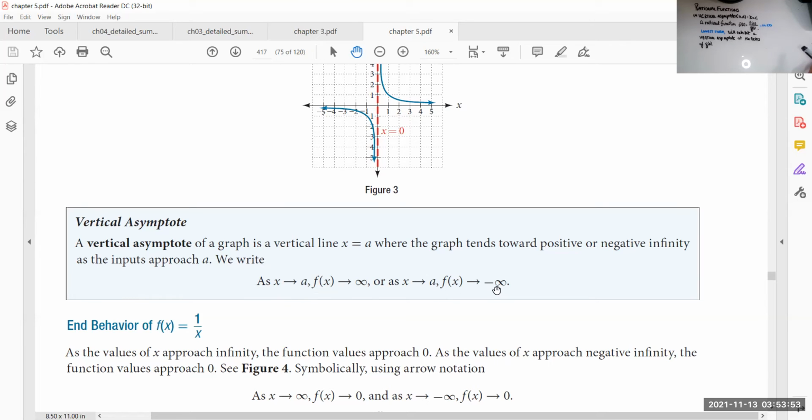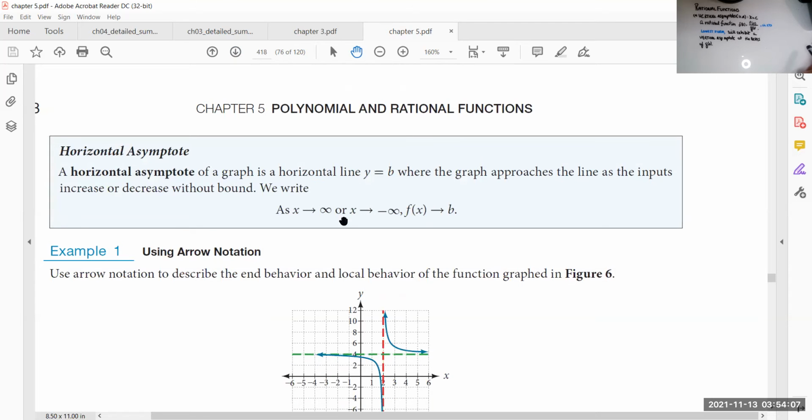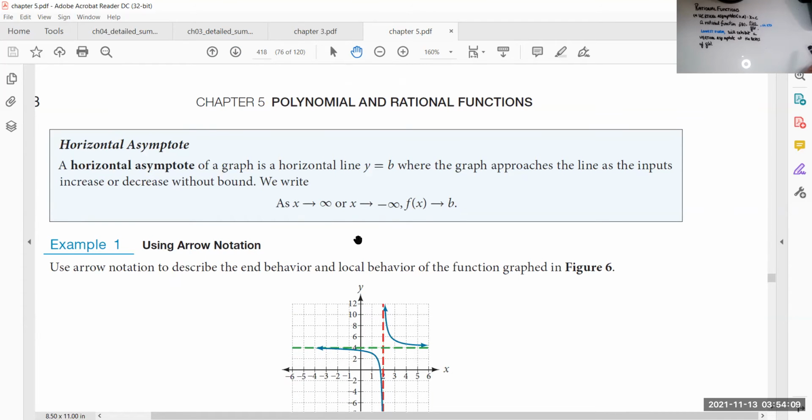What is the behavior of the function when we approach a particular number? In this case, when we approach a, the function either goes to positive infinity or to negative infinity. And then what is the definition of horizontal asymptote? Now this is the end behavior. What happens when x goes to positive infinity or to negative infinity? If the function approaches a fixed number, then the line y equals b will be your horizontal asymptote.